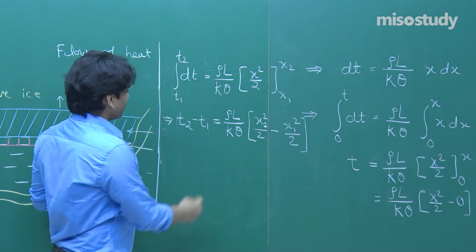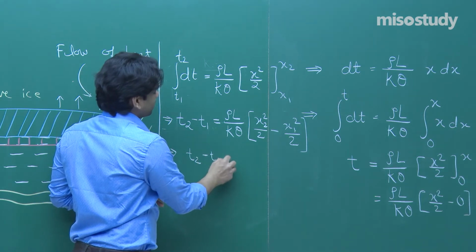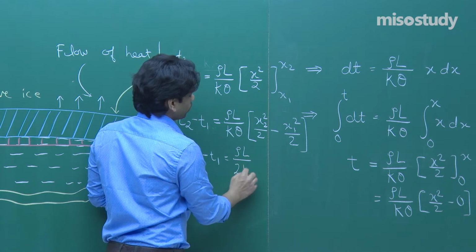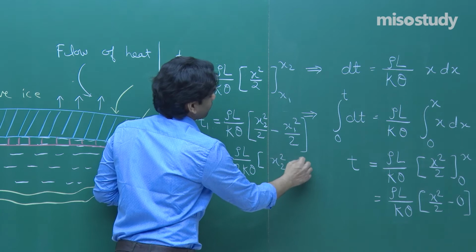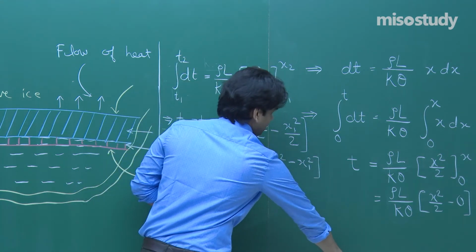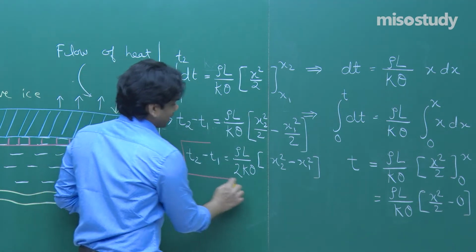If you simplify this equation, we can write T2 minus T1 is equal to ρL by 2kθ in brackets x2 whole square minus x1 whole square. Now let me sum up this entire relation that we have obtained. This is the value of T2 minus T1.